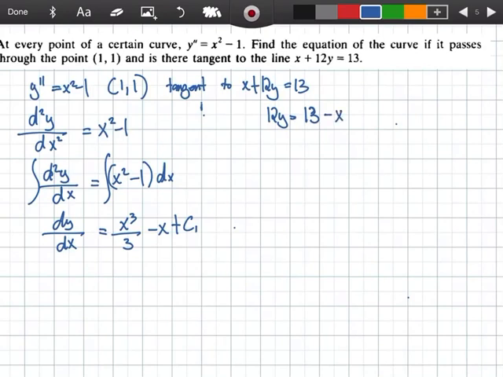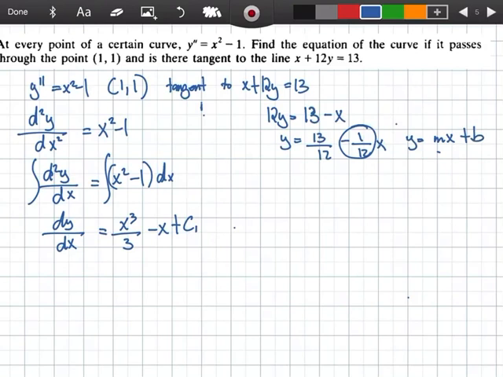Then y is equal to 13 over 12 minus 1 over 12 x. So, the slope is negative 1 over 12, because the equation of a line is y equals mx plus b, where m is the slope and b is the y-intercept. So, in this form, our m is negative 1 over 12.